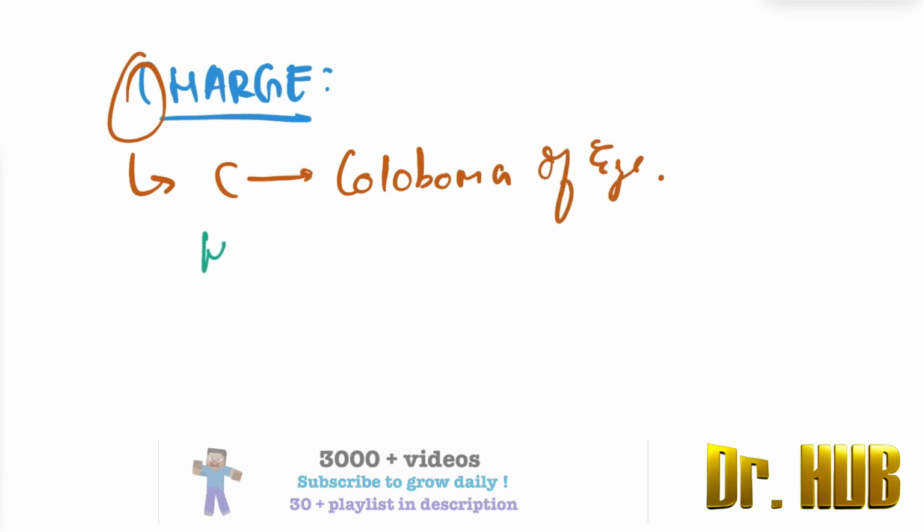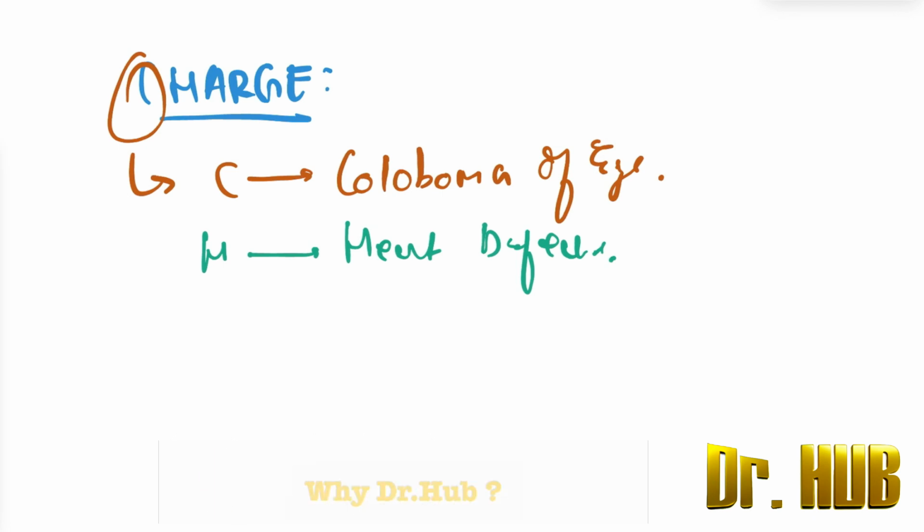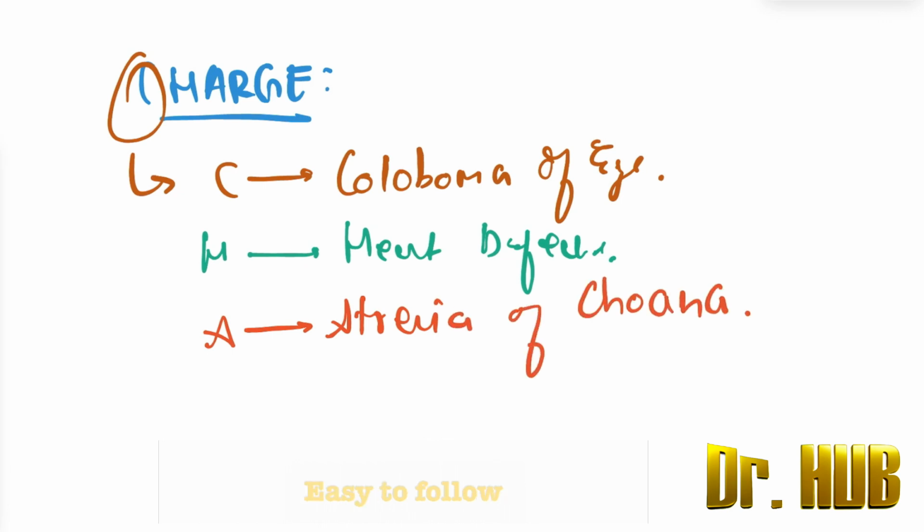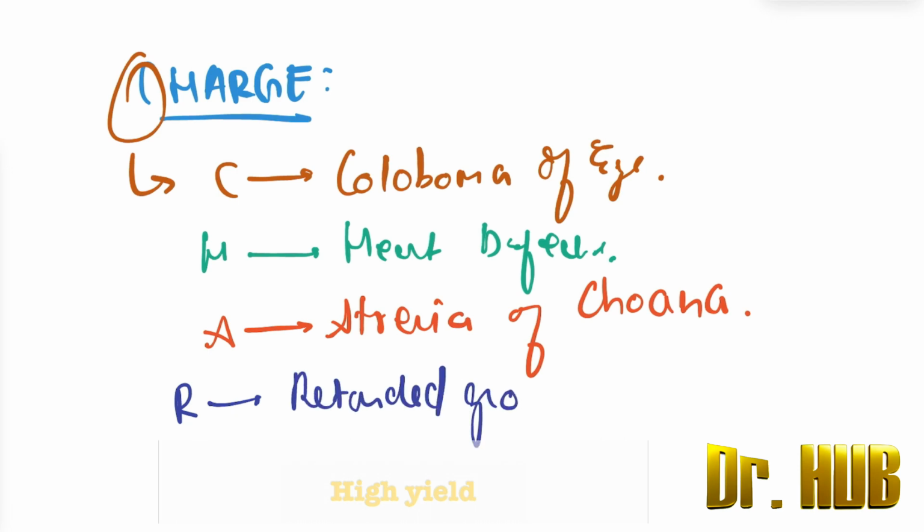H stands for the heart defects. A stands for the atresia, which is the atresia of the choana. R stands for the retarded growth as well as development.